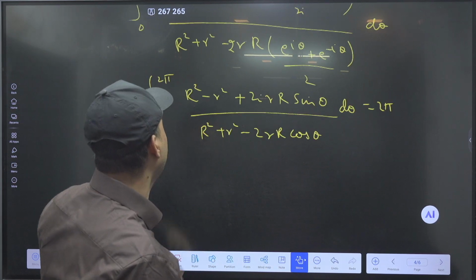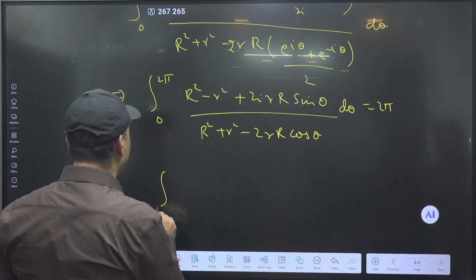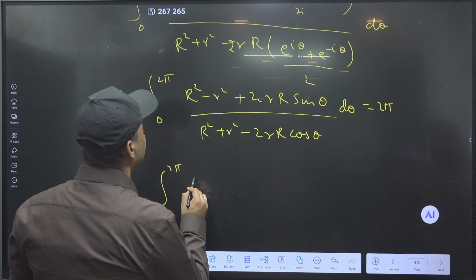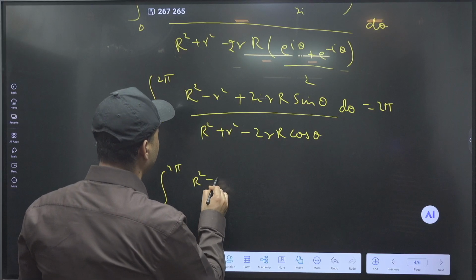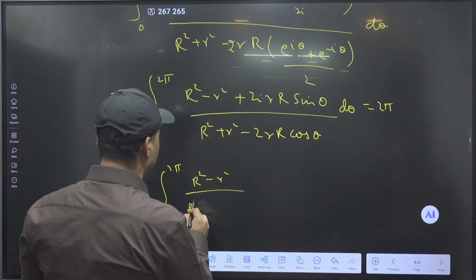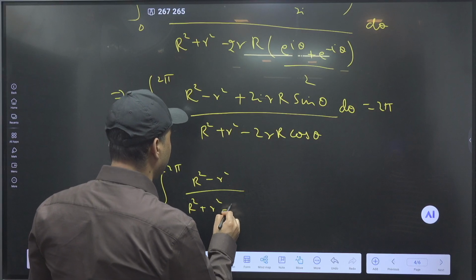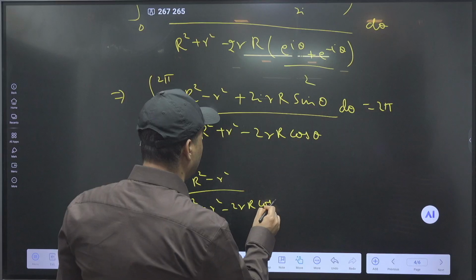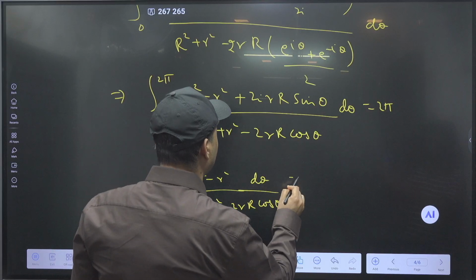So I can very well say that the real part is equal to 2π. So I can write this (R² − r²) upon (R² + r² − 2Rr cos θ) dθ is equal to 2π.